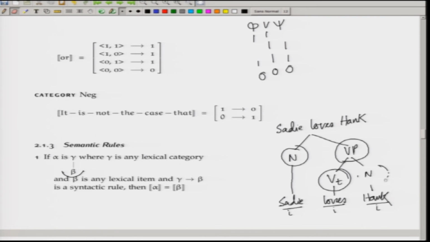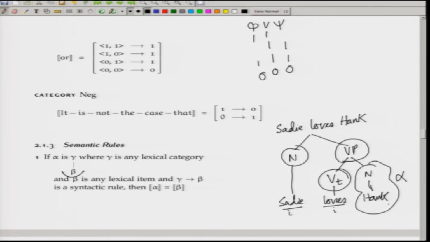So N goes to Hank. We know that Hank is a lexical item and N is a lexical category. Let us see what happens in this case. So the rule says that if alpha is this node, alpha is neither N nor Hank, nor the connection between the two, but alpha is the entire node, that is N goes to Hank.